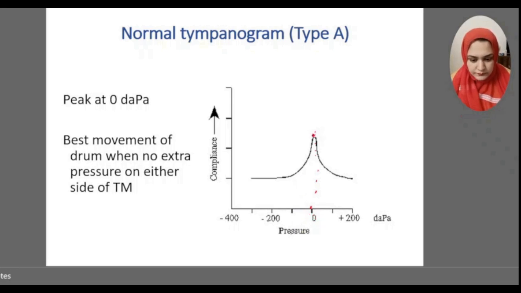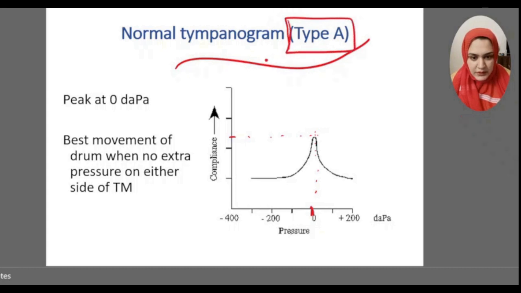So the compliance of the tympanic membrane will be maximum at 0 pressure level. The peak is at 0 daPa. As you can see here, this is a normal tympanogram and we call it type A tympanogram. So everyone should remember that type A tympanogram is a normal tympanogram.